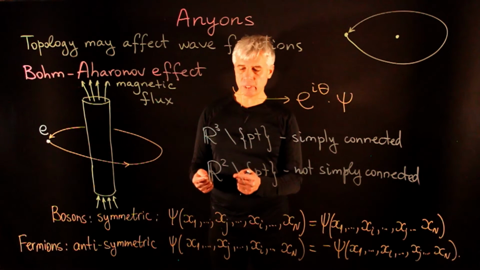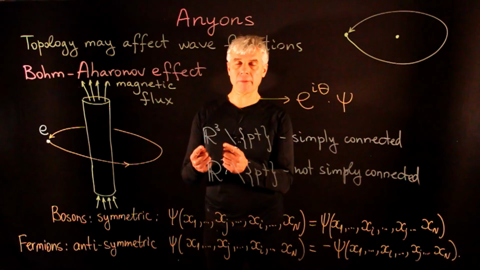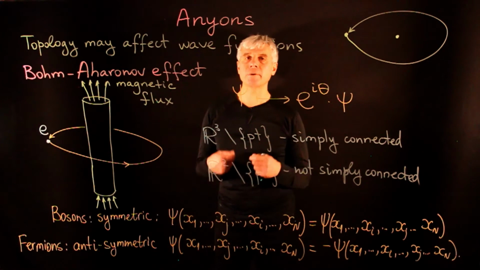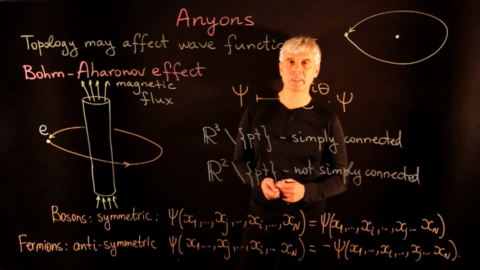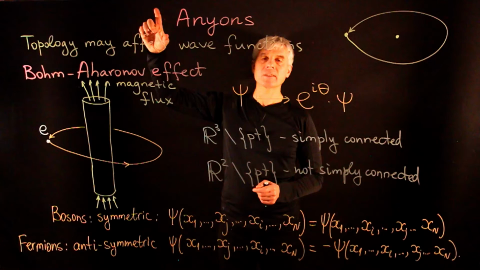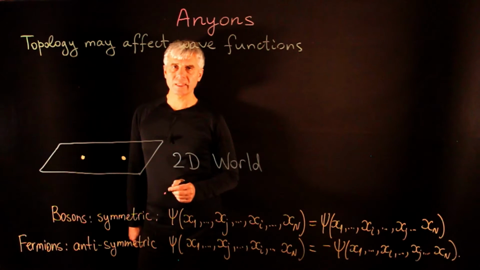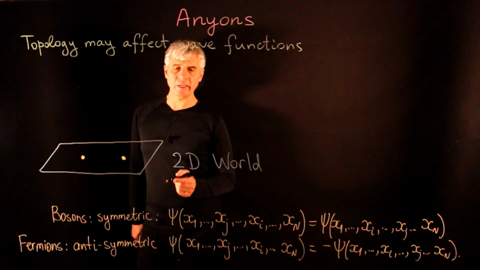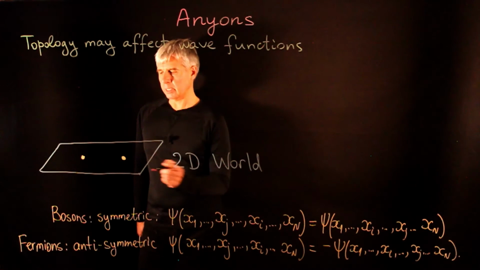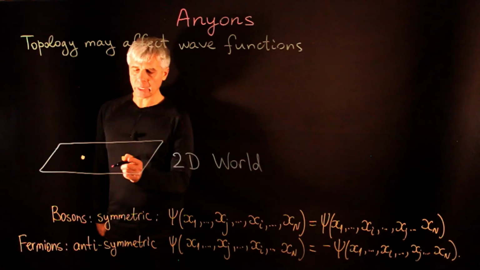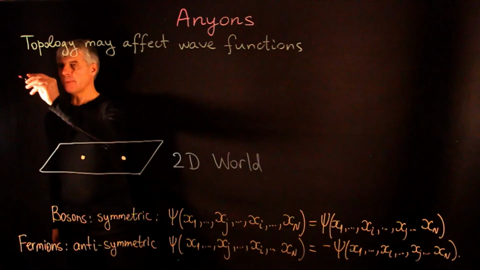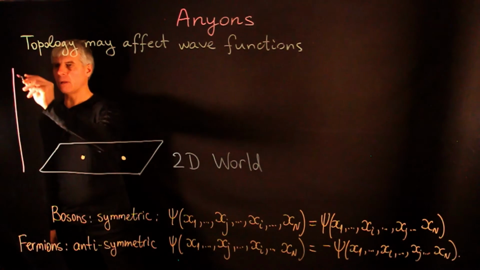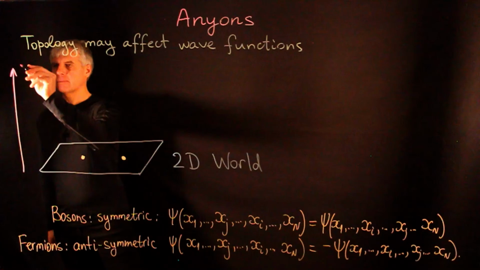But if we lived in R2 instead of R3, then we would have a possibility for more exotic behavior of elementary particles. And this brings us to anyons. Suppose our particles live in a two-dimensional world, and we want to look at the exchange of two particles. So let's make a picture. Here we create a time axis.